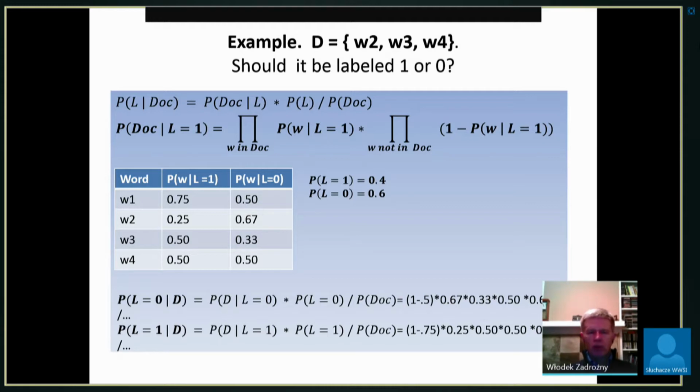We could compute the probability of the document, again, given the naive Bayes formula, but notice that for classification, we really care about whether the probability of label being 0 is greater than the probability of label being 1. And since the probability of the document is the same in both cases, it doesn't influence the inequality.